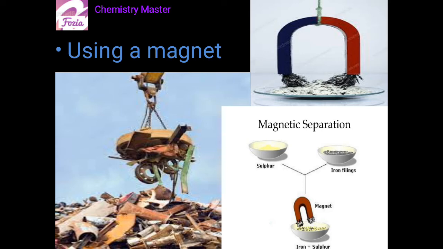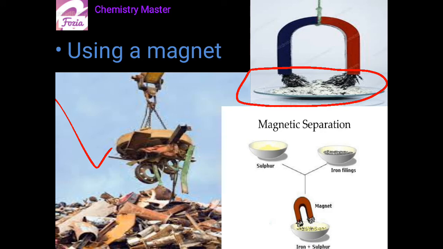Magnets are used in recycling to recover magnetic material from waste, from garbage. Suppose we have a mixture of salt and sugar with iron filings or pieces of iron. The magnet will be used to separate the magnetic material, iron. All the iron filings will be attracted by the magnet, leaving behind the salt and sugar.